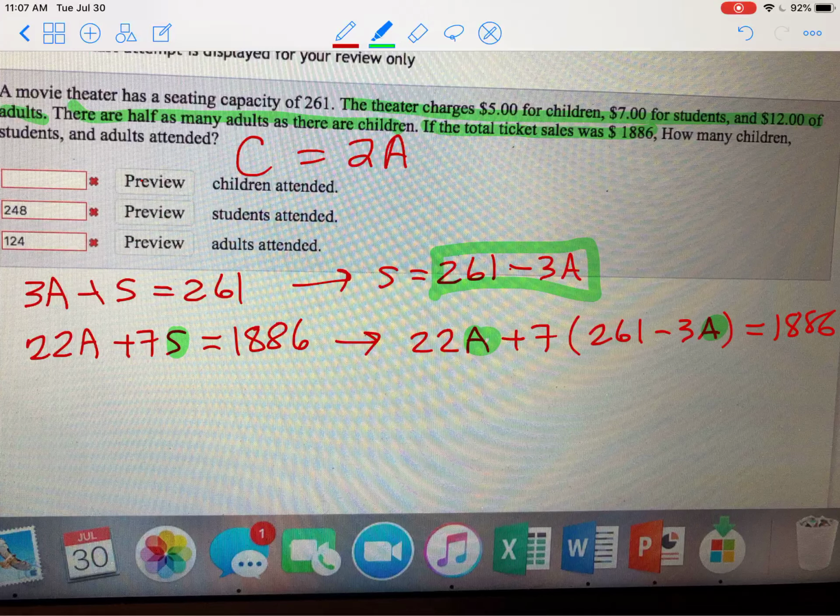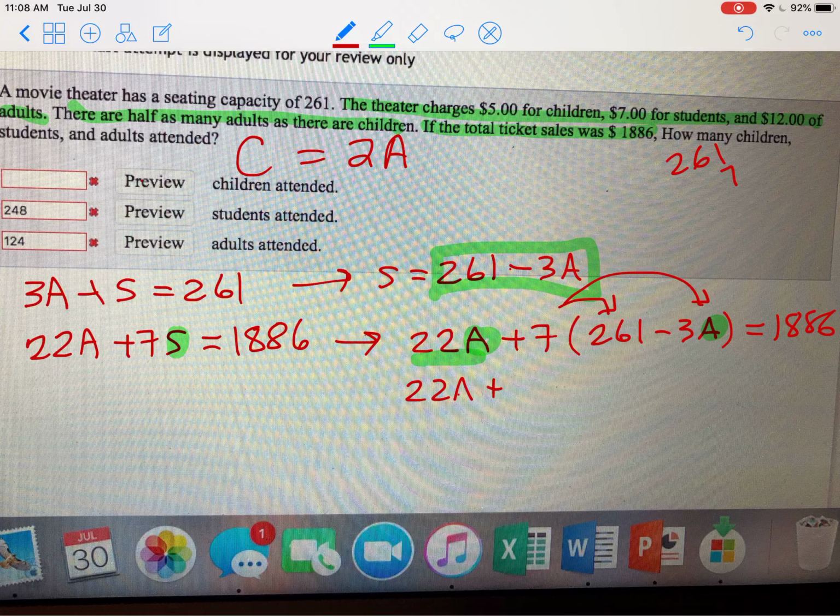And so we just go ahead and gather all our terms. We have 22A here, and then the 7 has to distribute. Let's rewrite this equation. This becomes 22A plus 7 times 261.